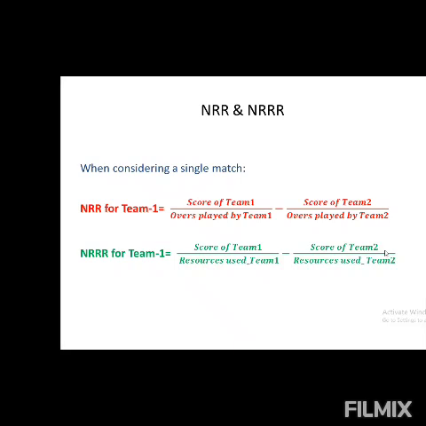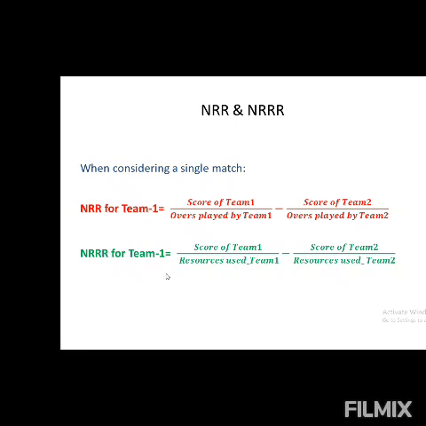Now I shall move on to the NRRR method. Here you can see the difference between the NRR and NRRR methods. In the NRR method, the denominators are overs played by team 1 and overs played by team 2.